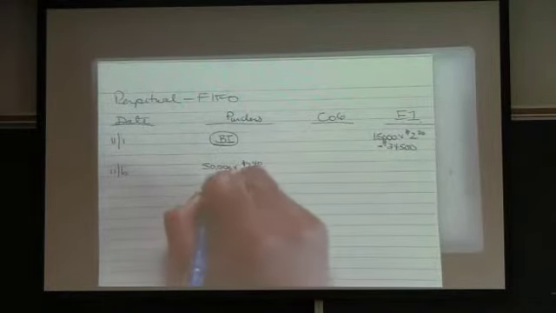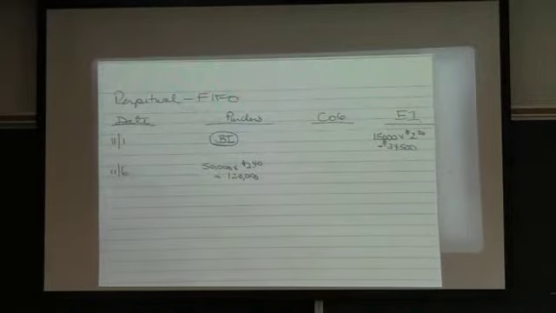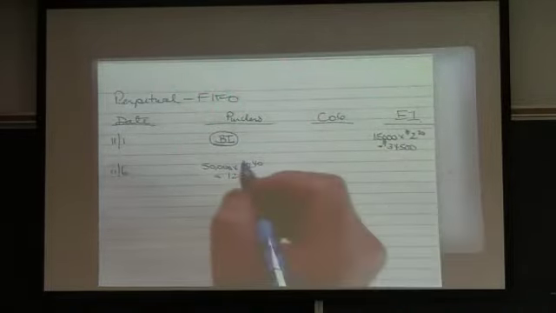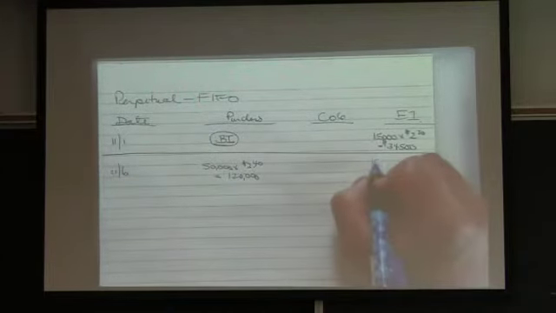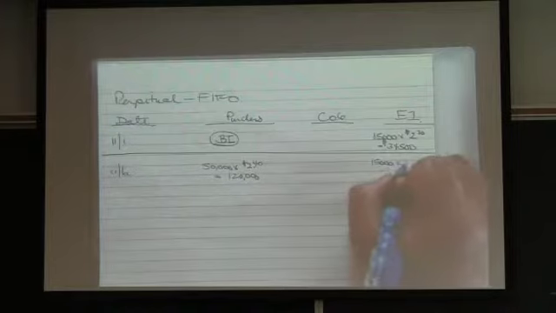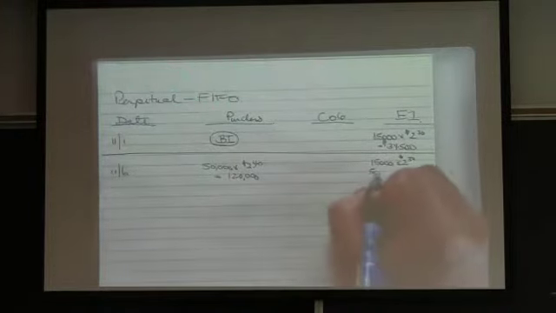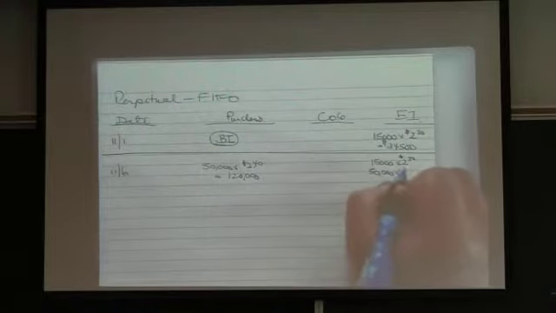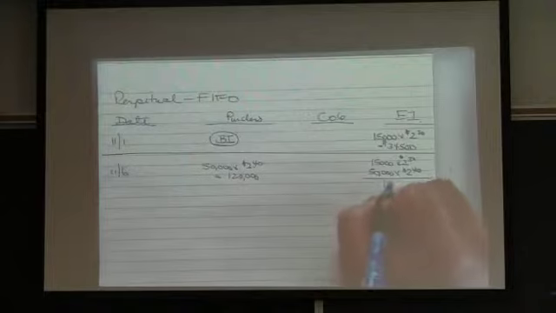It's 120,000. So now at the end, ending inventory, let me just put a straight line. Ending inventory, we have 15,000 at $2.30 and 50,000 at $2.40. Altogether, 154,500.